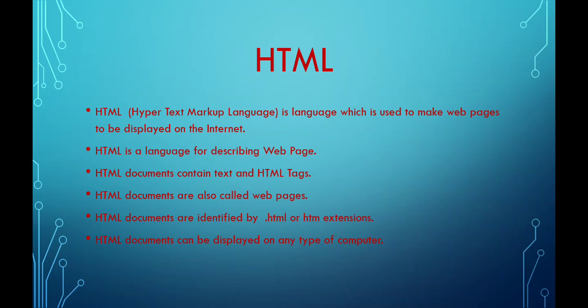You can say an HTML document is a web page, because when you save your document, it will be a web page, and the extension of your HTML document will be .html or .htm, by which you can identify that this is an HTML file, this is a web page file. Now your HTML document can be opened on any computer, whether desktop, laptop, or even your mobile.